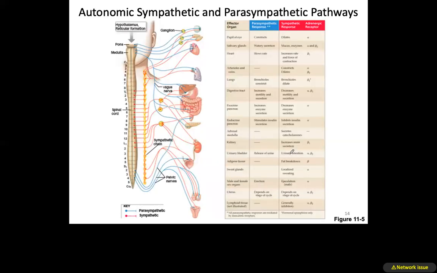I really don't need you to know anything specific about this picture because we have charts and tables, and I'm going to go over that in just a minute. This picture is really good because it brings everything into one place, but it also has information that is not necessary for what you are going to be tested on.